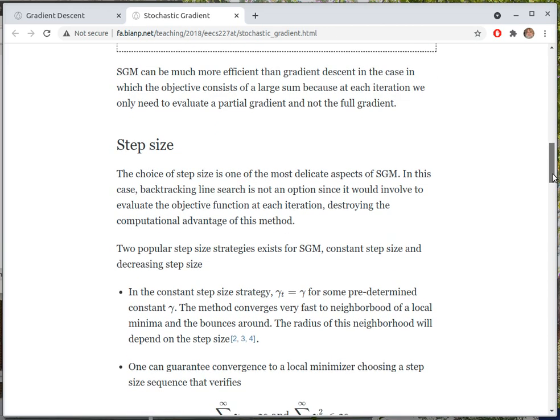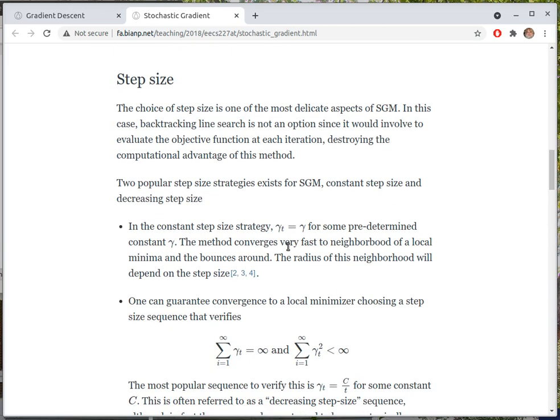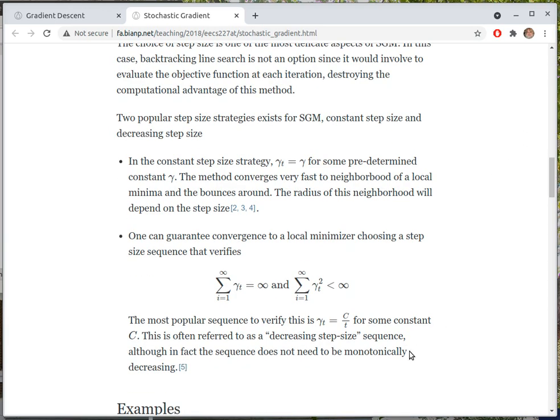We're just going to use a constant step size, although you could take a step size that goes to 0, and so they recommend using something where the step size values would be infinite if you summed them up, but if you took the squares they would be less than infinity. So something like 1 over n would work, right?